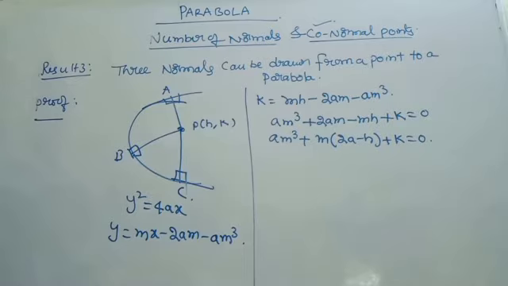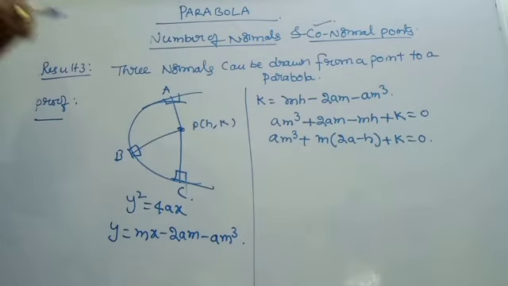This is a cubic equation, which means it has 3 values of m. Corresponding to each value of m, there is a normal passing through the point (h, k). Hence, 3 normals can be drawn from a point to a parabola, because we got it as a cubic equation. There are 3 values of m.